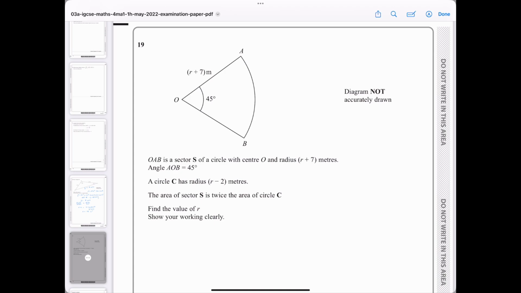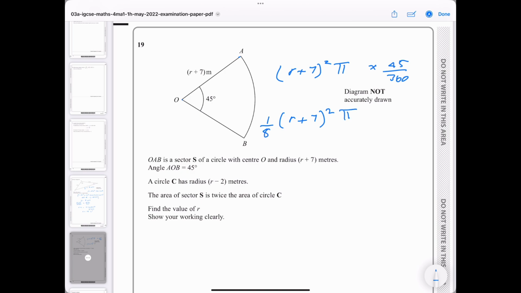So if we were going to find the area of this, it's going to be r plus 7 squared pi, times 45 over 360, which is an eighth. So it'd be r plus 7 squared pi over 8.